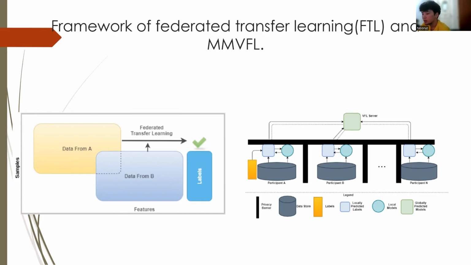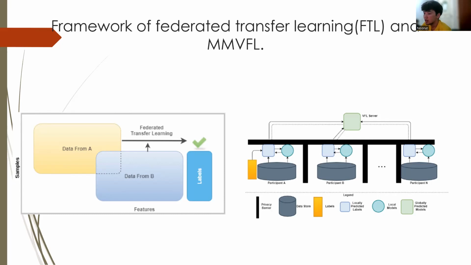On the right side, as you can see here, the server, and MMVFL enables label sharing from its owner to other participants in a privacy-preserving manner. One problem with using horizontal FL architecture is the assumption that data sets from different entities have the same features, or similar sample ID space.